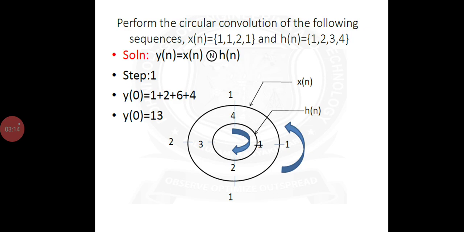Now we multiply the inner and outer sequences at each position and add. For example, for the top portion, 4 into 1 is 4, plus 1 into 1 is 1, and 3 into 2 is 6, and 2 into 1 is 2. Adding, we get the sum as y of 0.